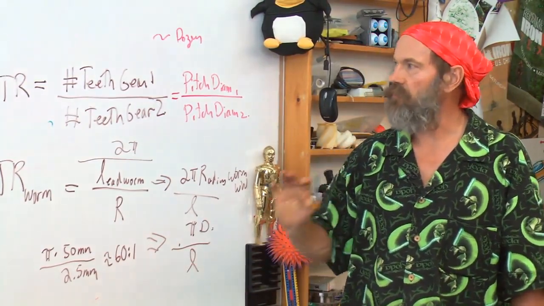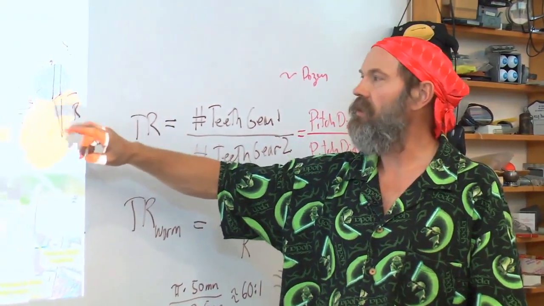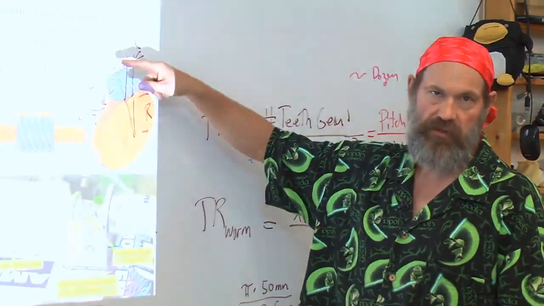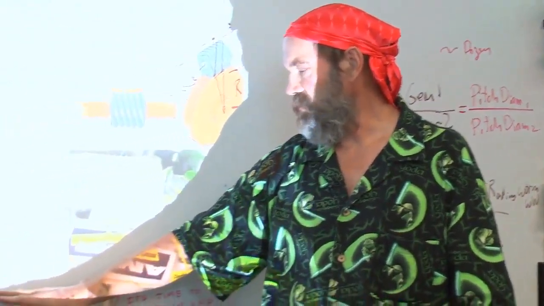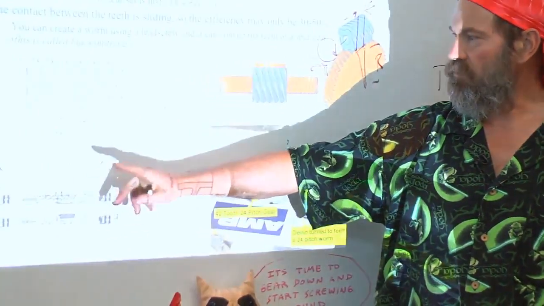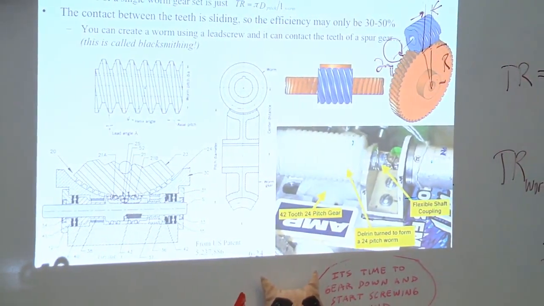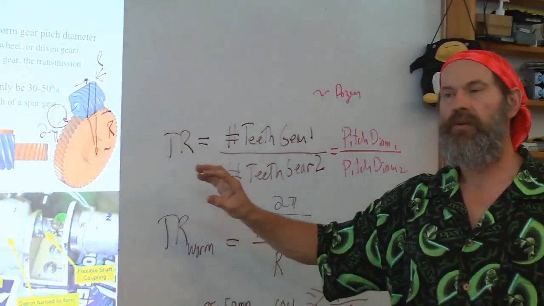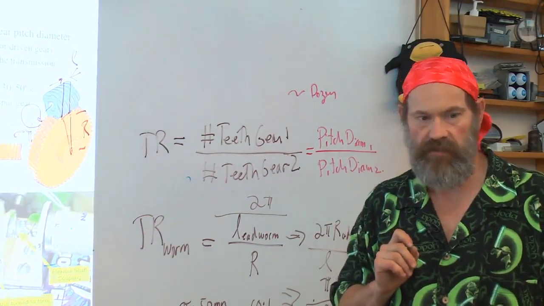Now, there are a lot of different particular shapes of these engaging teeth to increase the efficiency. There have even been designs in the past where people have put recirculating balls in here, just like in a ball screw, an early patent, oh my goodness, probably 30 years ago, for a recirculating ball worm drive. Very, very commonly used, particularly in machines where you want a very high ratio and you don't want it to back drive, particularly for safety reasons.